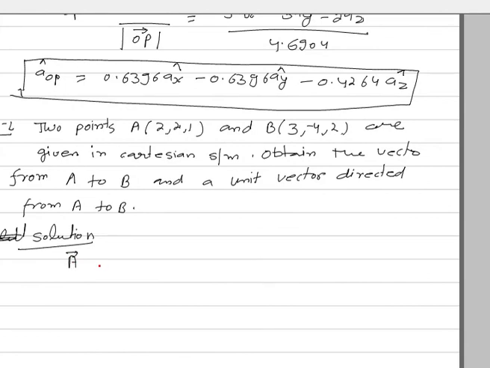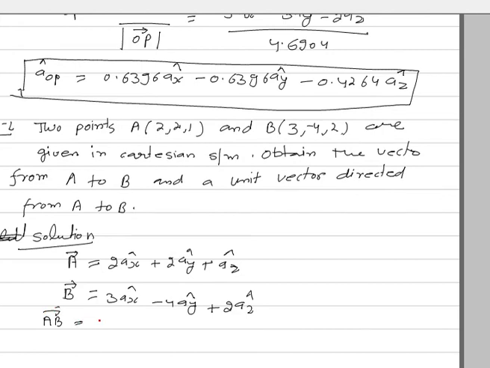First of all, write the expression for the vector A. On the basis of these points, we can write the vector A: 2 unit vector Ax plus 2 unit vector Ay plus Az unit vector. Similarly, for point B, the vector is 3 unit vector Ax minus 4 unit vector Ay plus 2 unit vector Az. On the basis of vectors A and B, we can write the distance vector AB.